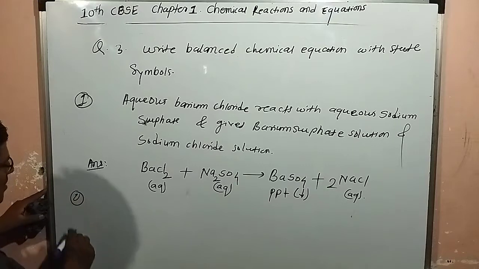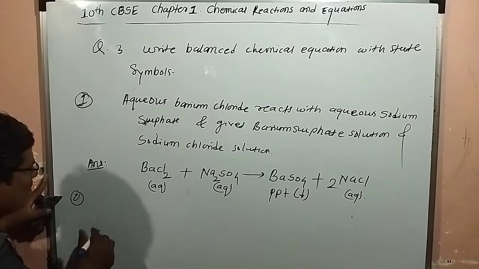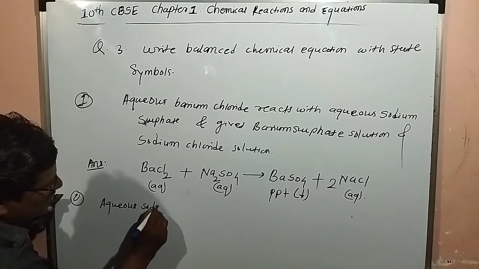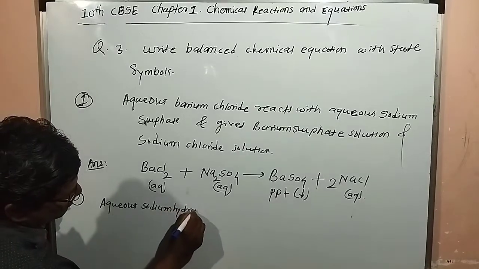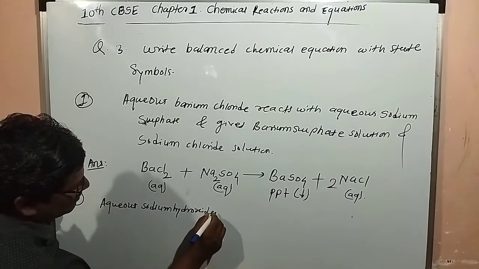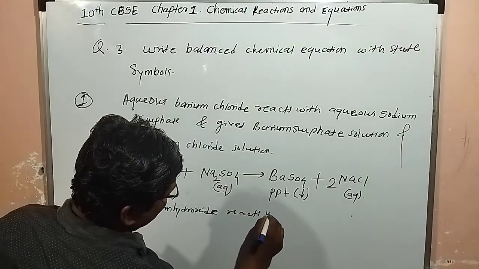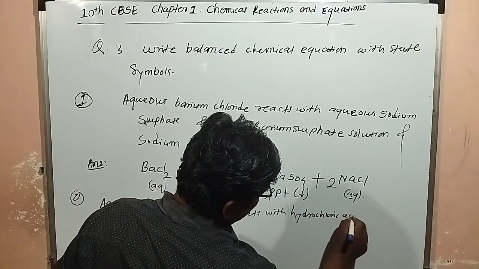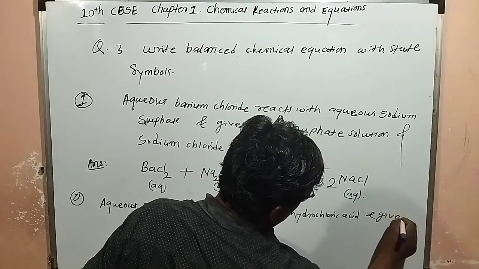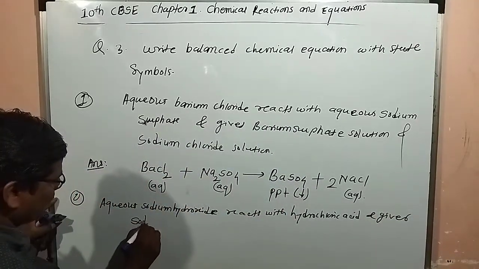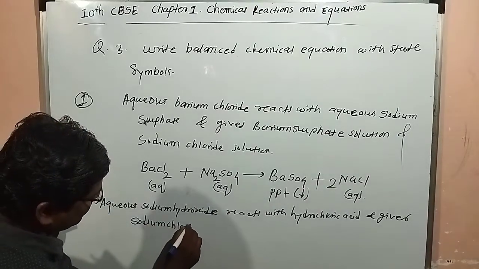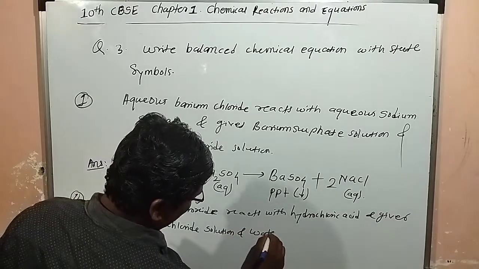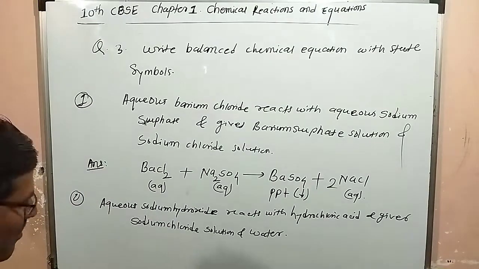So for question number 2, the statement is: aqueous solution of sodium hydroxide reacts with hydrochloric acid and gives sodium chloride solution and water molecule. So we will write this chemical equation.